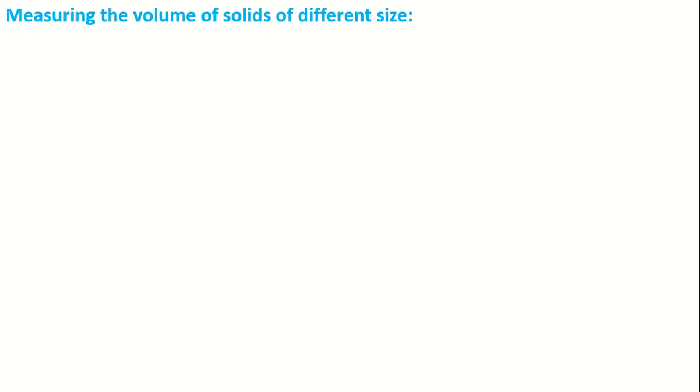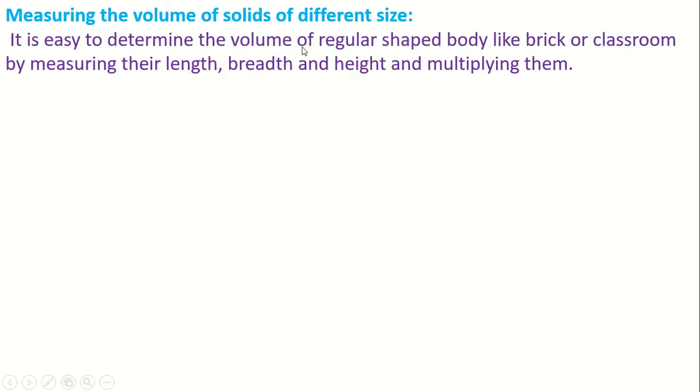Now, measuring the volume of solids of different sizes. It is easy to determine the volume of a regular shaped body like a brick or classroom by measuring their length, breadth and height and multiplying them. Dear students, you have to understand what is regular shape. A regular shape is the shape of a body whose length, breadth and height can be accurately measured by using an ordinary scale.